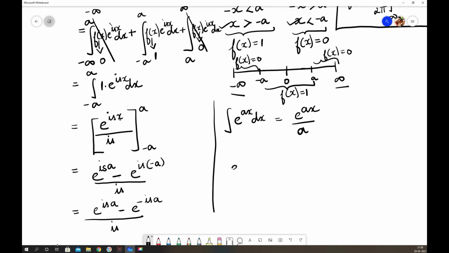So e to the power ix is written as cos x plus i sin x. Similarly, e to the power minus ix is written as cos x minus i sin x. Now I use this here.